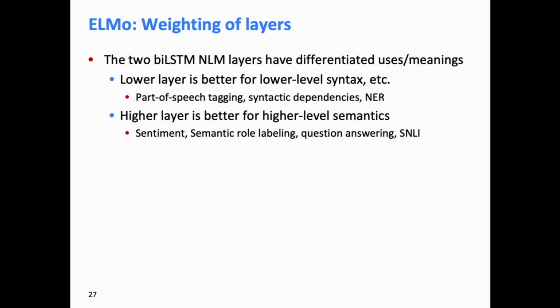And then, as I vaguely mentioned, the model that they actually used wasn't a deep stack. There were actually only 2 layers of biLSTMs. But they do show this interesting result that the lower level better captures low-level syntax and word properties, and is most useful for things like part-of-speech tagging, syntactic dependencies, and NER, whereas the top layer of their language model is better for higher level semantics and is more useful for things like sentiment, semantic role labeling, and question answering.